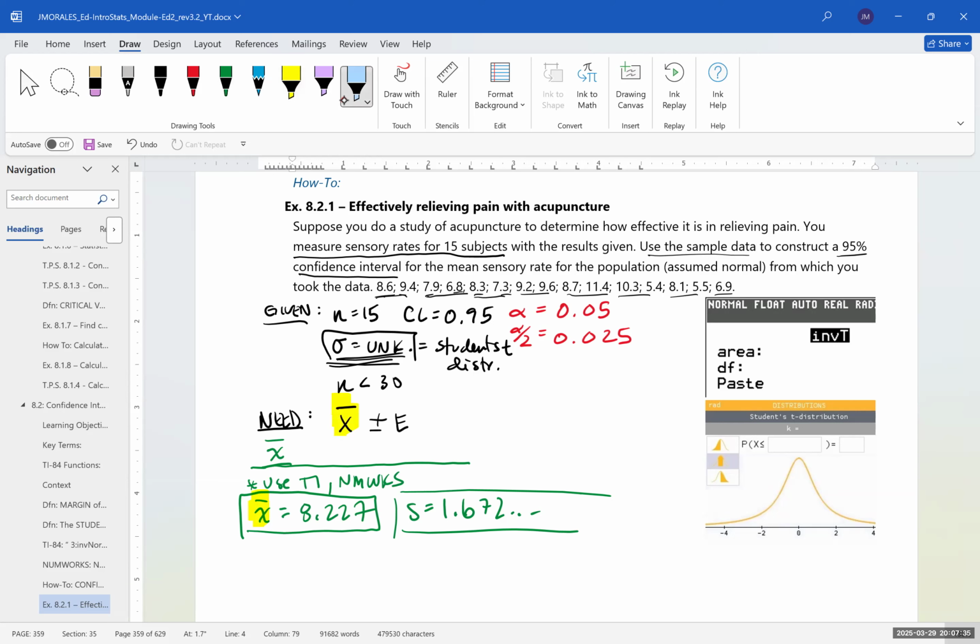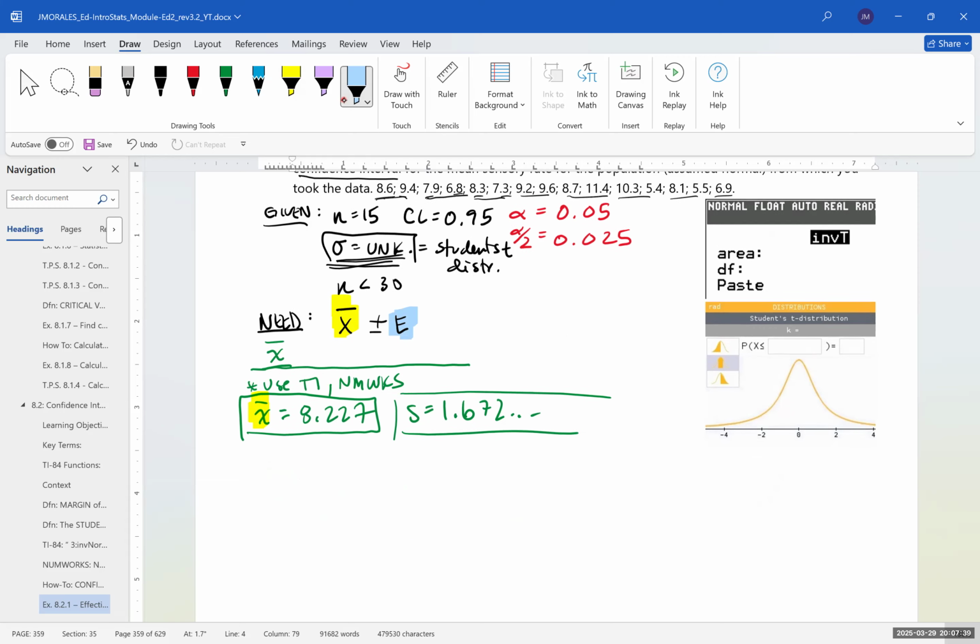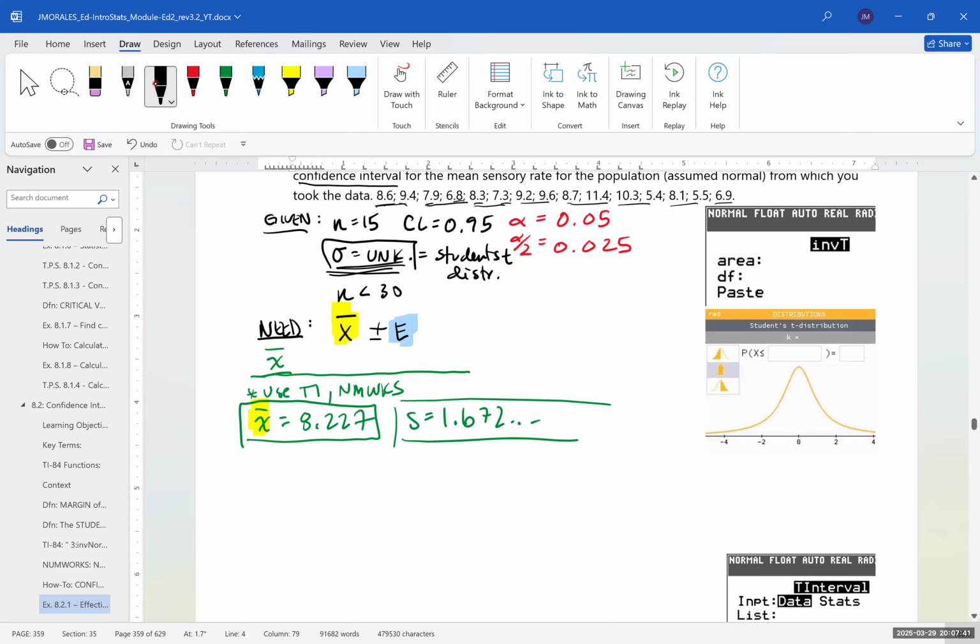What we need now to calculate is our margin of error. And so in order to calculate the margin of error, we need to use the margin of error equation, which is going to be a t alpha/2 score.